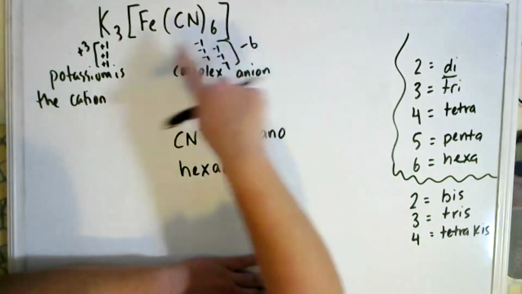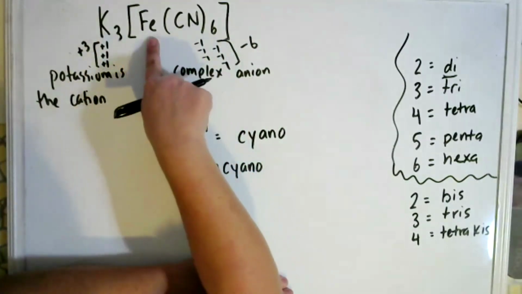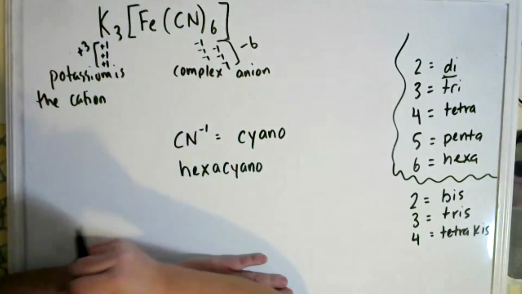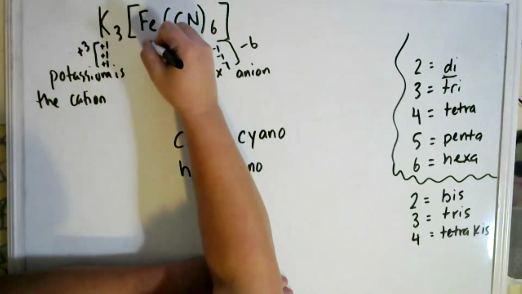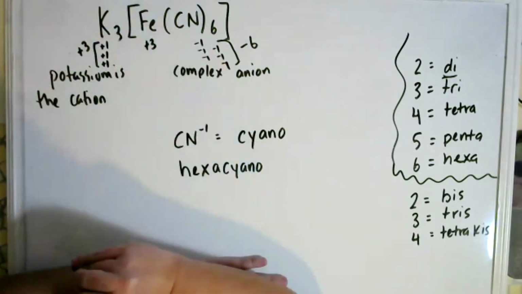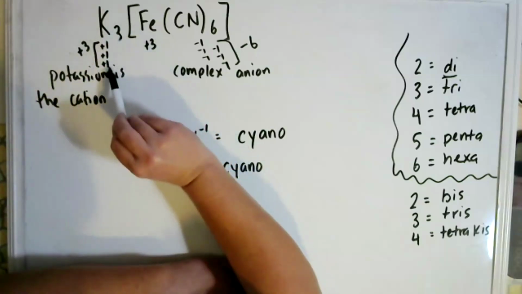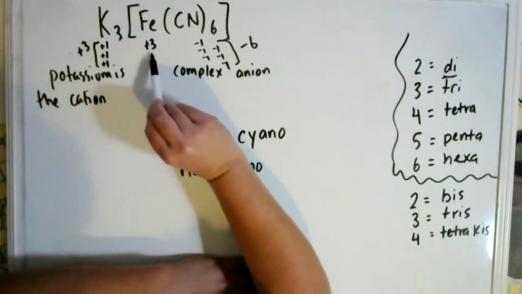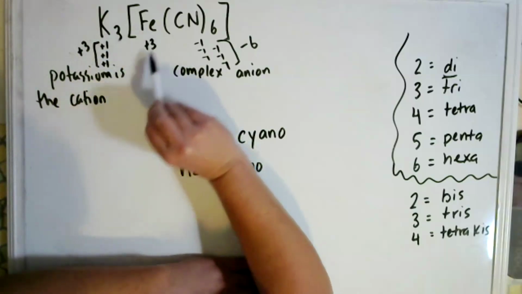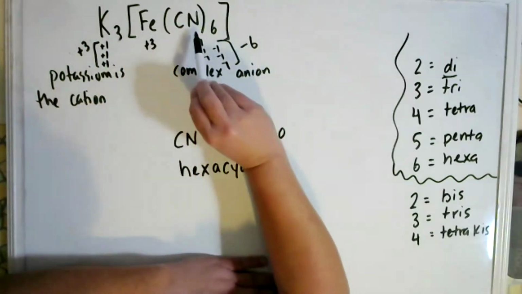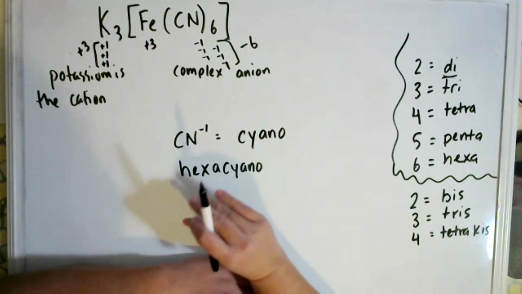And when I add all of the oxidations of the potassium, the cyanide, and the iron together, they have to add up to 0. And that means the oxidation of that iron has to be +3. So each potassium is +1, iron is +3. That gives me my +6. Each cyanide is -1. That gives me a -6.